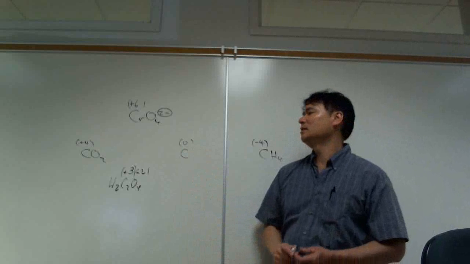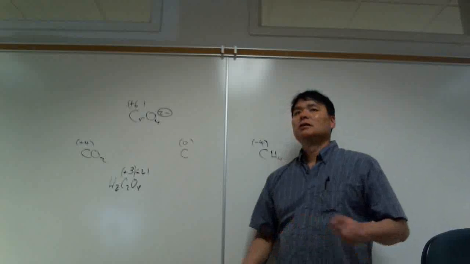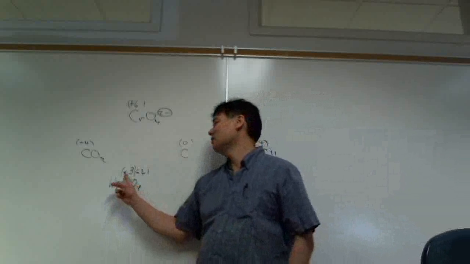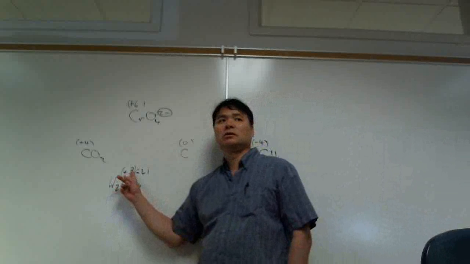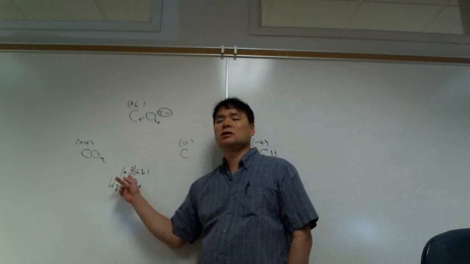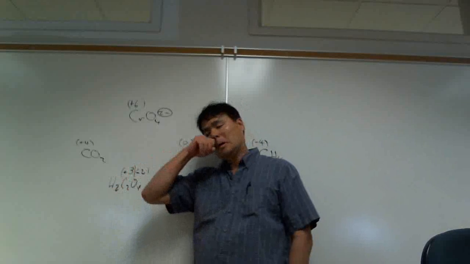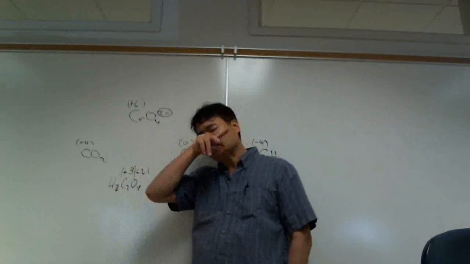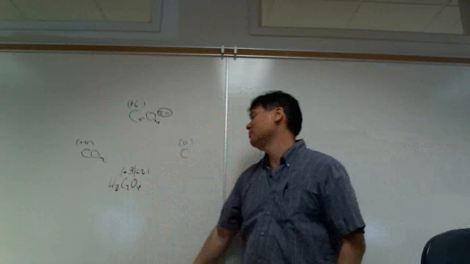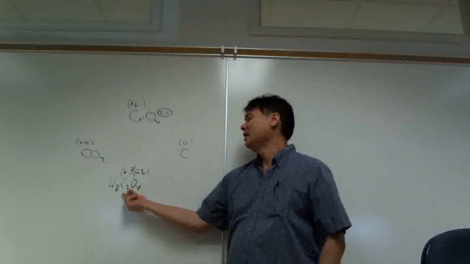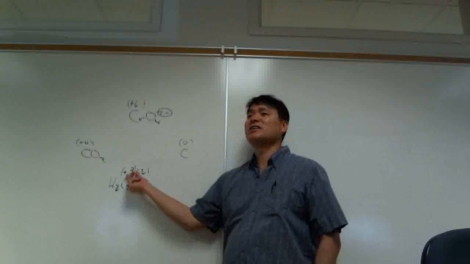And so do you expect it to be a good reducer? No, but it can, because each carbon is capable of losing 1 additional electron to go to plus 4. The argument that comes from this is just that it's already got a relatively high positive oxidation state.